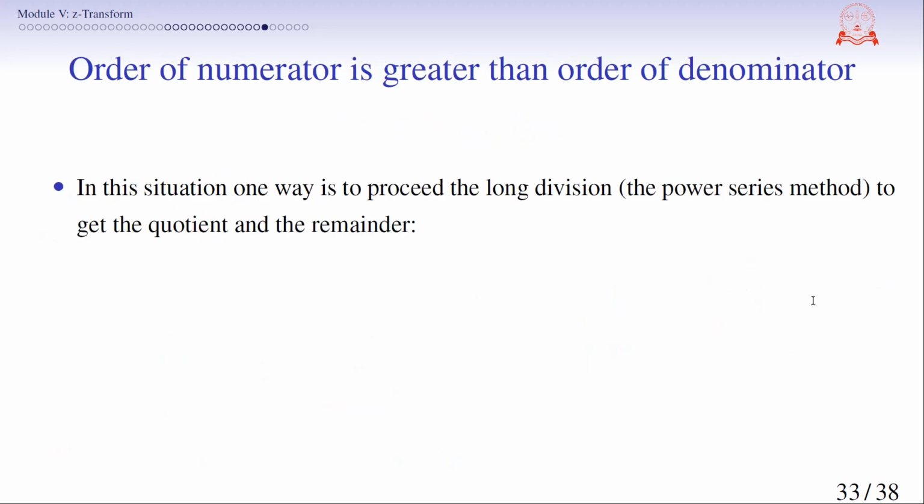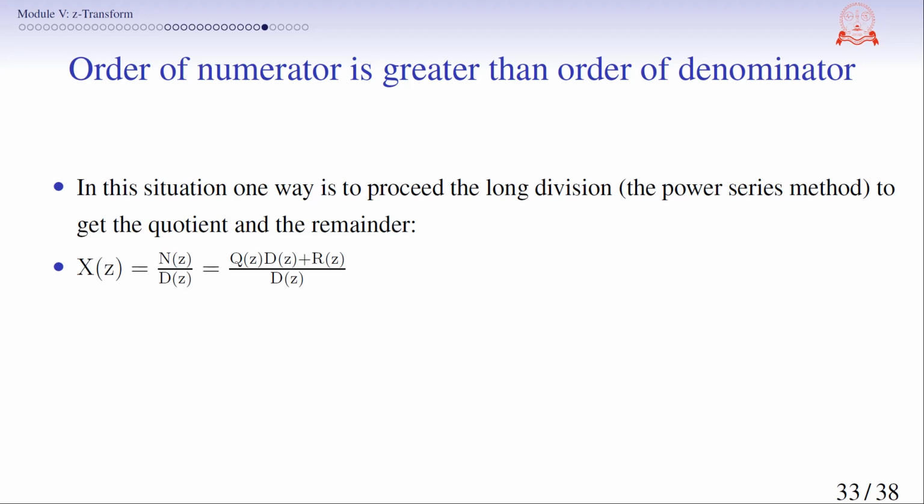Okay. So next, if the order of the numerator is greater than that of the denominator, in that situation we have to proceed with the long division method or the power series method to get the quotient and the remainder.